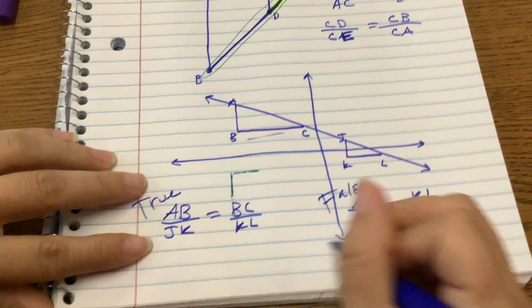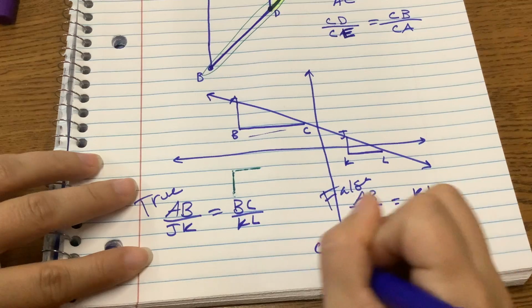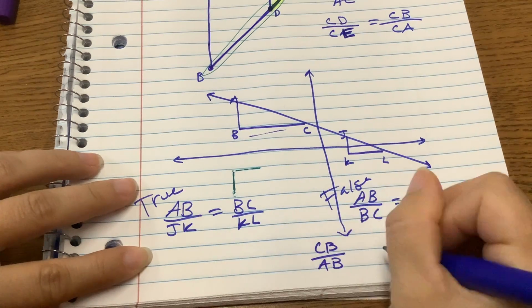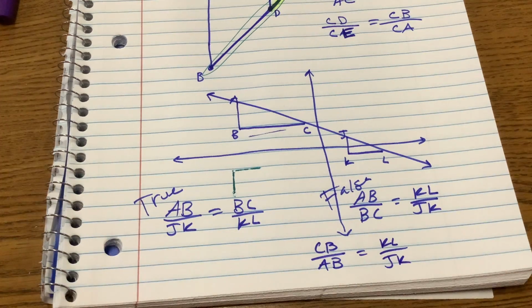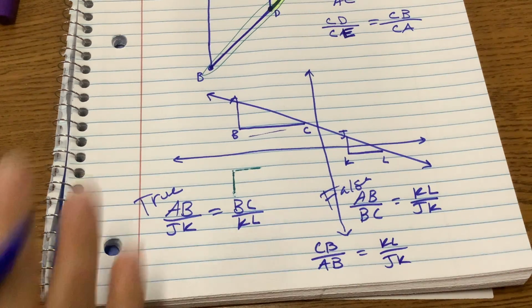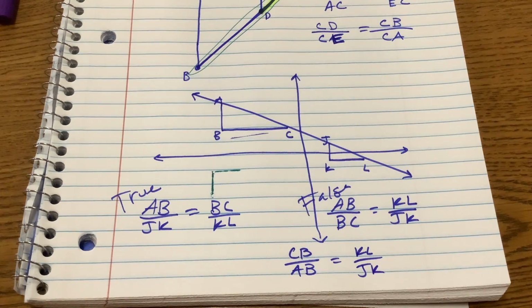All right. Here's another one. CB is to AB as KL is to JK. Take a close look at it.